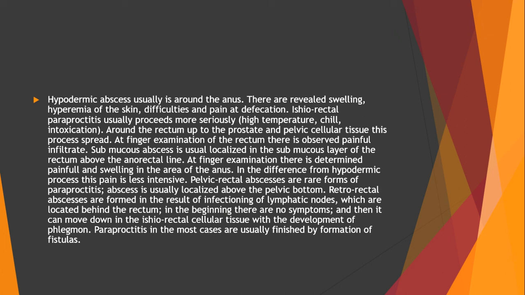Abscesses usually localized above the pelvic bottom. Retrorectal abscesses are formed in the result of infection of lymphatic nodes, which are located behind the rectum. In the beginning there are no symptoms, and then it can move down in the ischiorectal cellular tissue with the development of the phlegmon. Paraproctitis in most cases is usually finished by formation of fistulas.